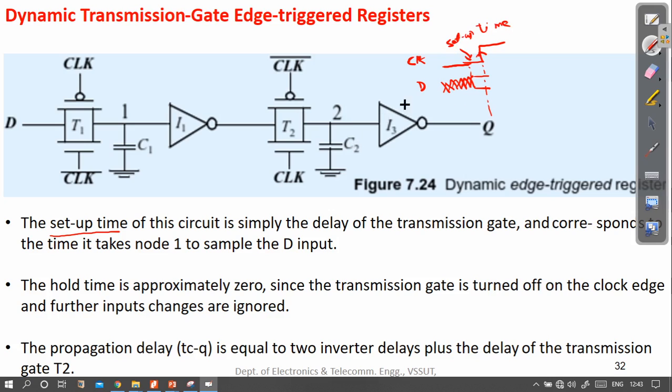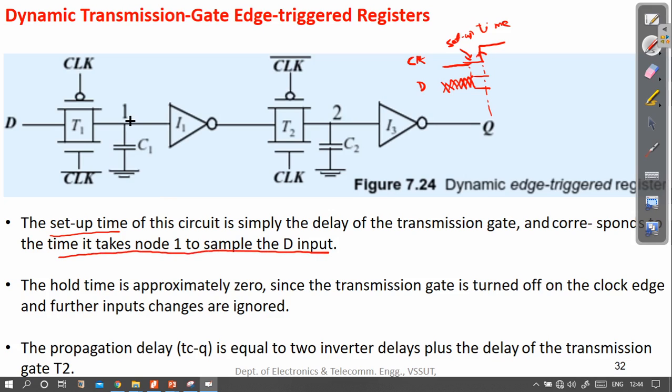Now if this circuit is a positive edge triggered register, the capturing will occur at the rising edge of the clock, when the clock is changing from 0 to 1. The setup time of the circuit is simply the delay of the transmission gate, and corresponds to the time it takes node 1 to sample the D input.